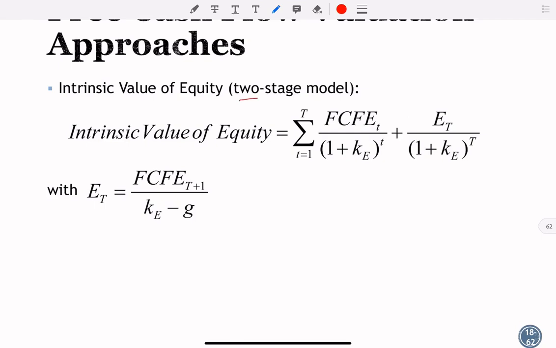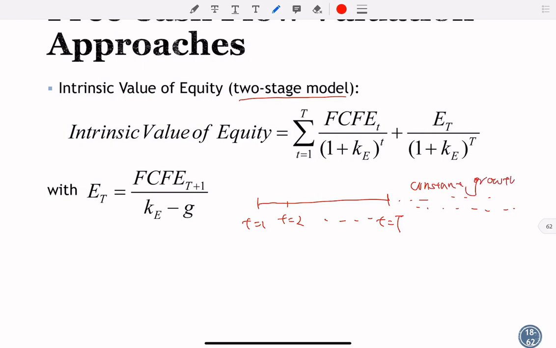Again, we're having a two-stage model, right? So the timeline, again, is quite similar. We have t equals 1 and we have t equals 2. And the last period, t equals capital T. And then after capital T, we have this constant growth, right? We have this constant growth g.